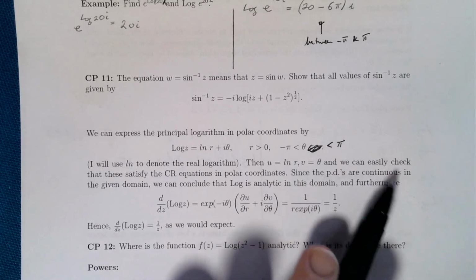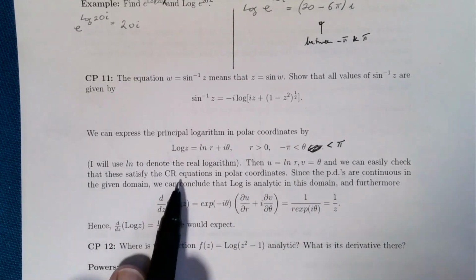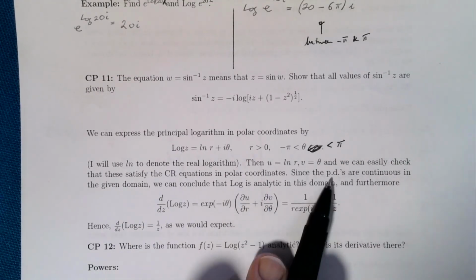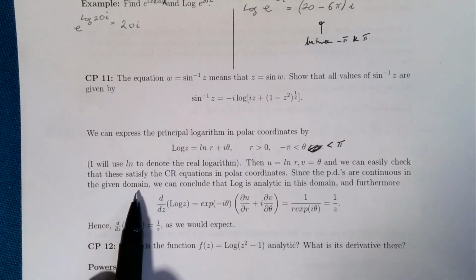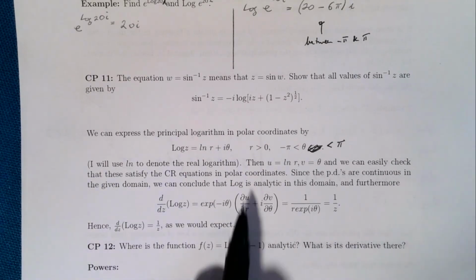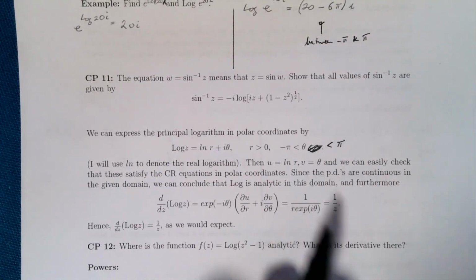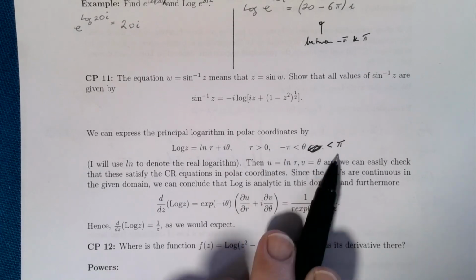And you can easily check that these satisfy the Cauchy-Riemann equations in polar coordinates that we saw earlier. And since the partial derivatives are continuous in the given domain, we can conclude that log is analytic in this domain. Now this of course excludes the negative real axis because we excluded both of these endpoints.